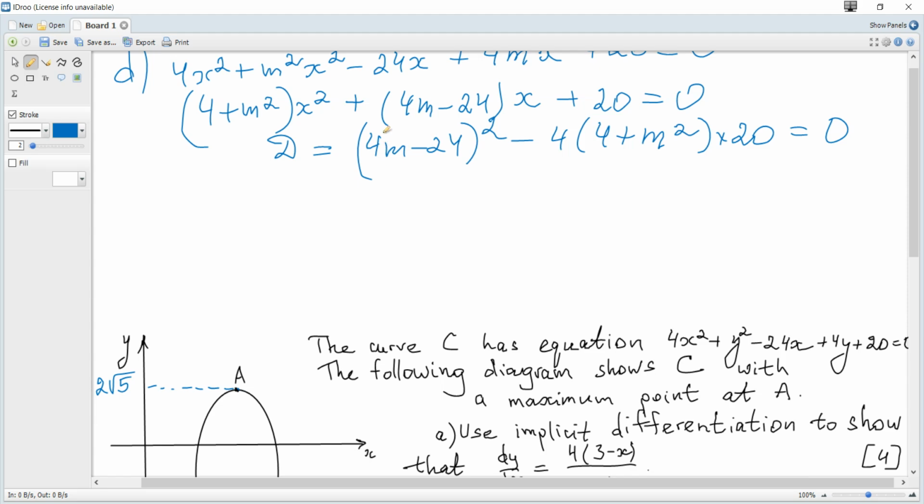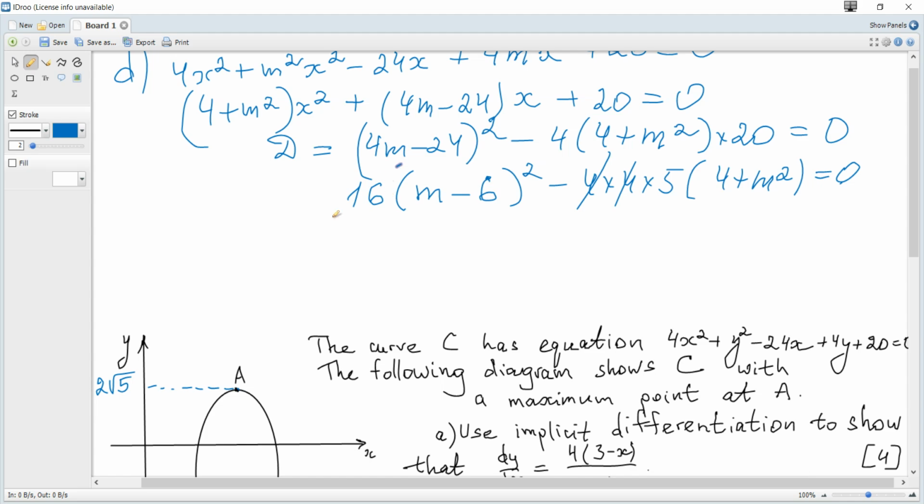We can factor out 4 here, and it arises as 4 squared, so it's 16 multiplied by m minus 6 squared, minus 4 times 5 times 4 plus m squared is 0.